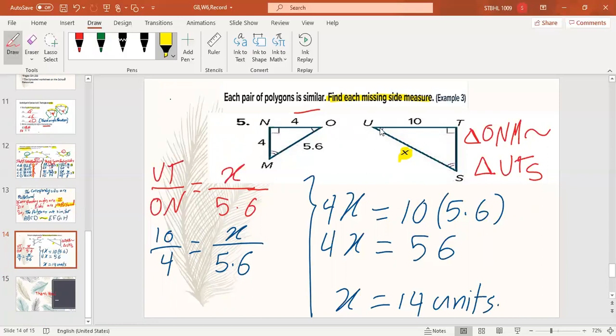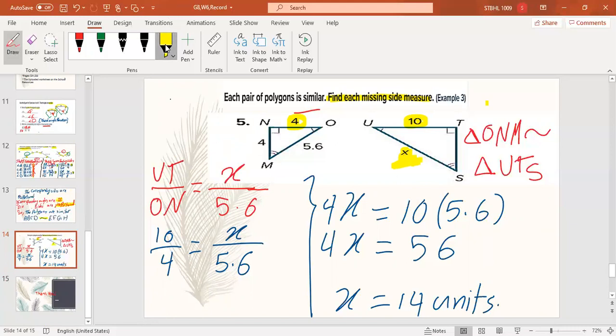Look here, line segment UT in this triangle, even if you look at the letters here, the length of UT is given and the length of ON is given. So I can use the ratio between these two sides to help me find the missing side, which is X. How, Miss?